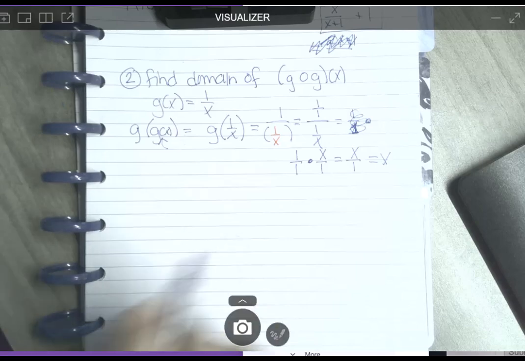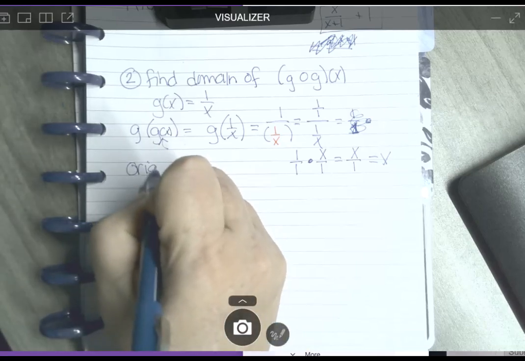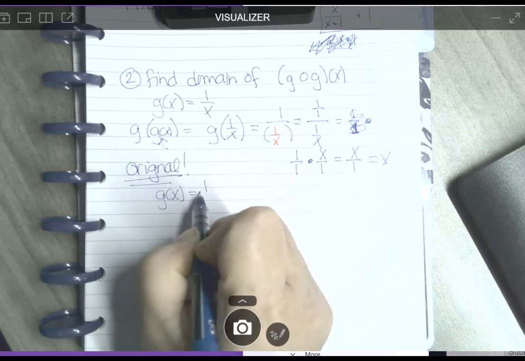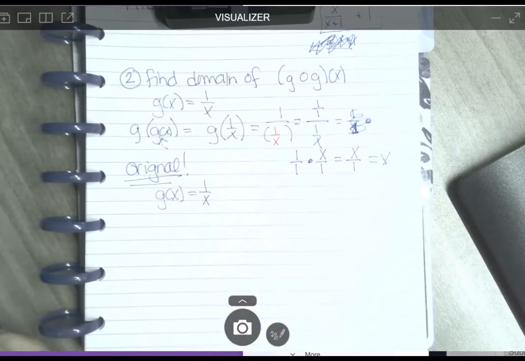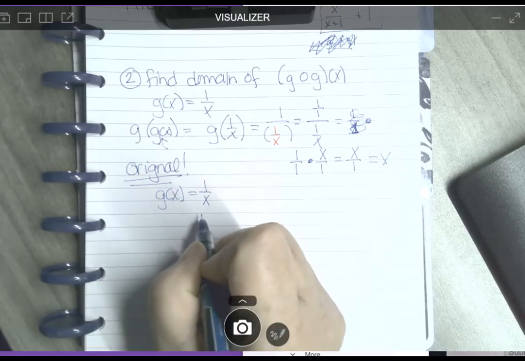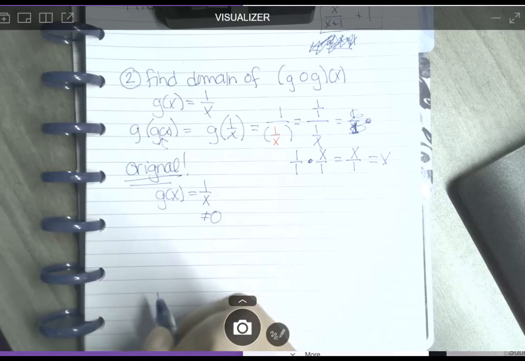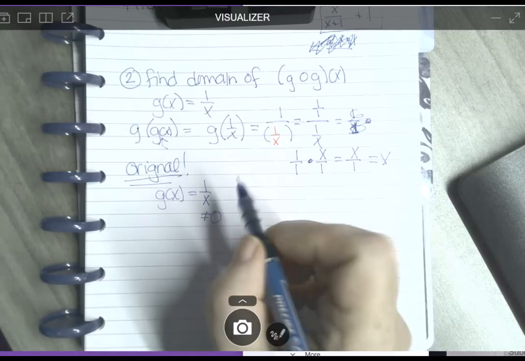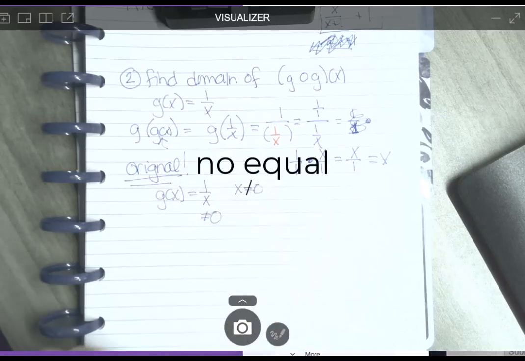I always have to remember to go back to the original. So g of x is 1 over x. And now once again, we ask ourselves, what can x not be? Well, the denominator cannot be 0. Or I should have said, what can the denominator not be? 0. That means x cannot equal 0.